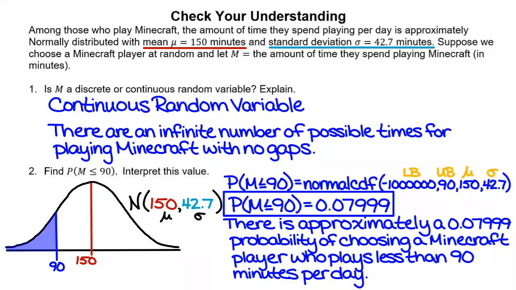So there's about a 0.07999 probability, or the probability of choosing a randomly selected Minecraft player who plays less than 90 minutes per day is 0.0799999.